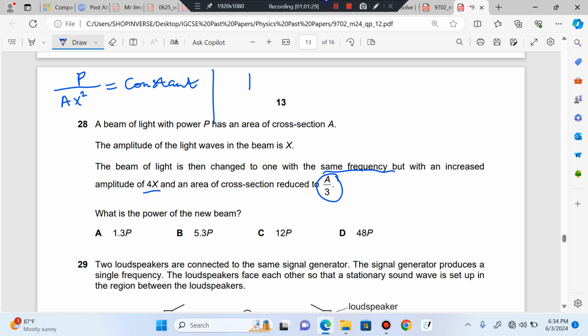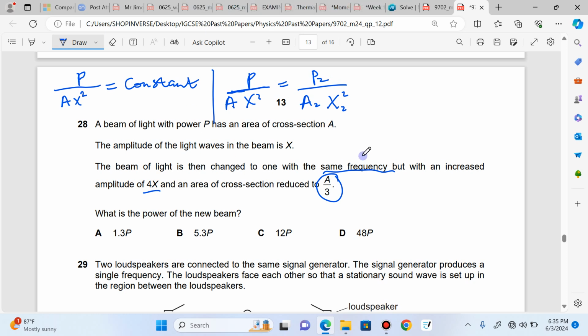That means the power of the first one divided by its cross-sectional area multiplied by its amplitude squared must be equal to the power of the second one, P2, divided by the cross-sectional area of the second one multiplied by the amplitude of the second light source squared.